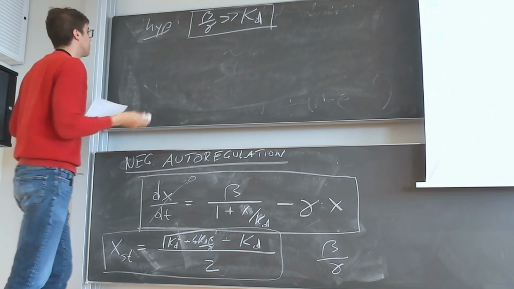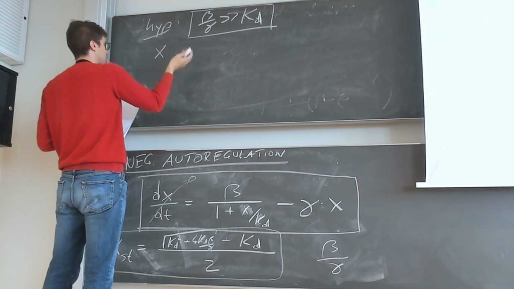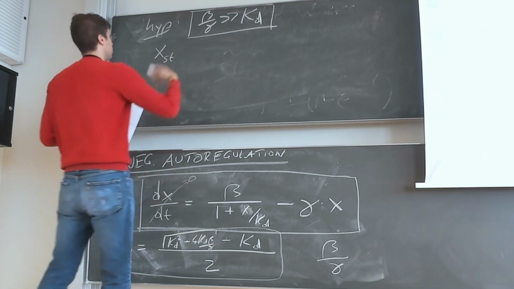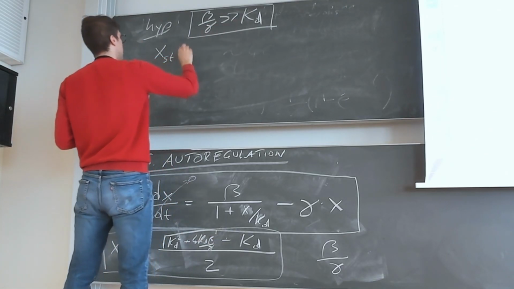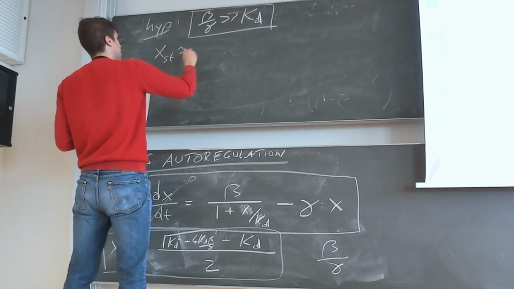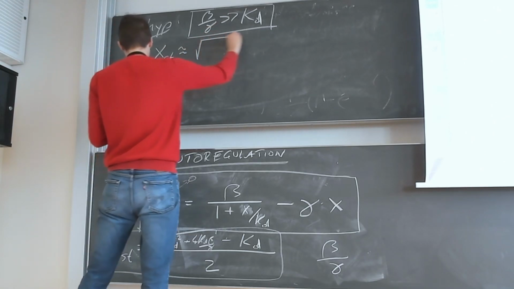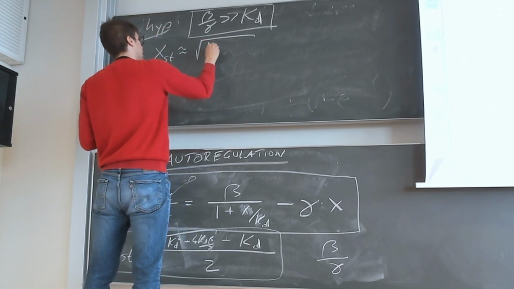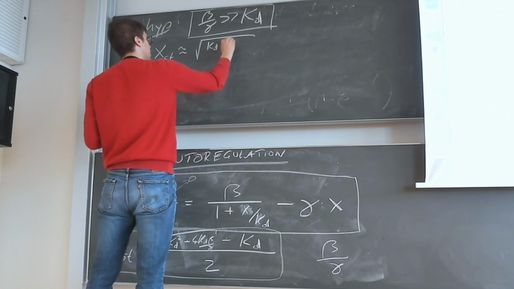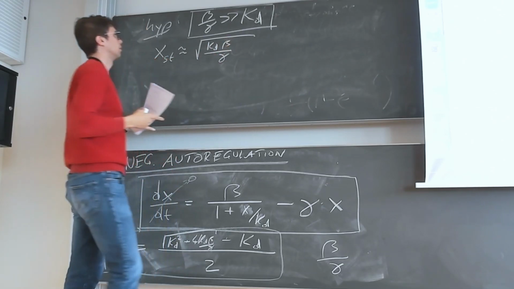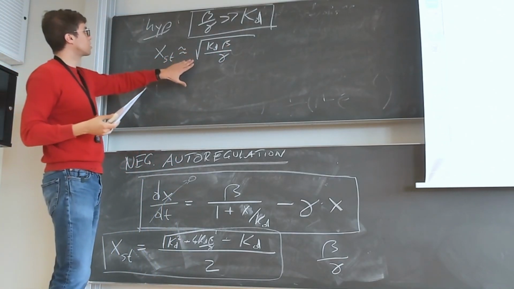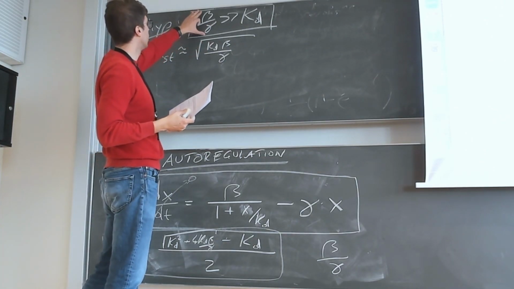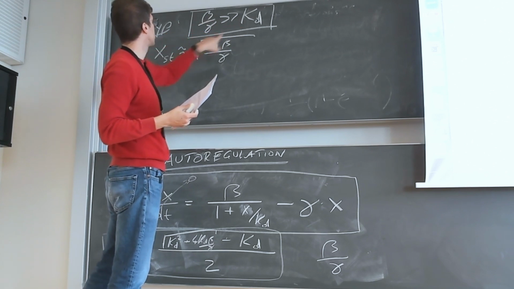If you're doing the calculations correctly, and you can look up the lecture notes how to do that, it's not very hard. You just take this equation and you're applying this approximation. You will see that the steady state in this regime will be more or less square root of kd beta over gamma, which is much smaller than beta over gamma because the kd is much smaller than beta over gamma.